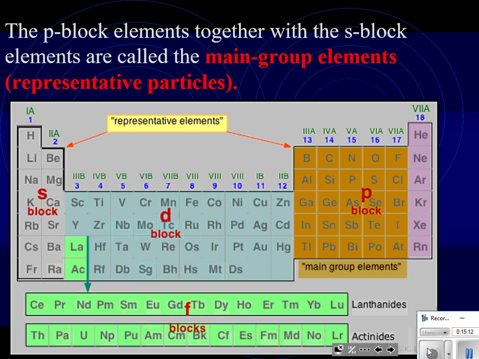Okay? Together we call the S block and the P block the main group elements, also known as representative particles. So if you hear me talking about a main group element, I'll be talking about an element that's either in the S block or the P block, the main group elements.